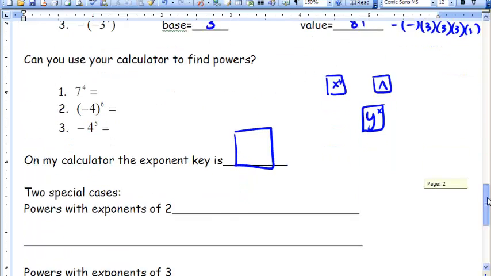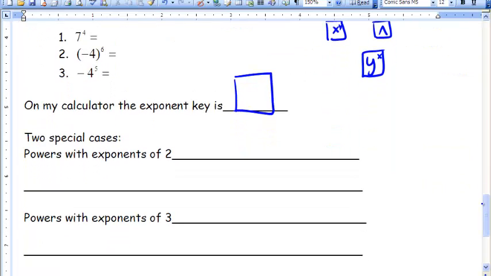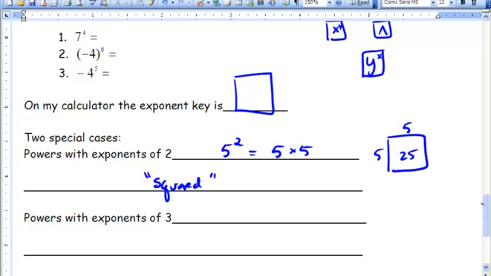All right, so we've got some special cases. Powers with the exponent of 2, so that's like 5 squared, meaning 5 times 5, all right? And we can draw this. We have a side of 5 and a side of 5, and inside we get 25. So this is squared. And next we have powers with the exponent of 3.